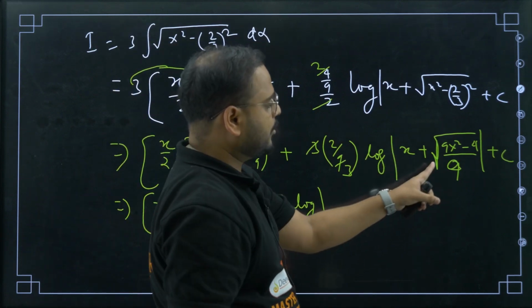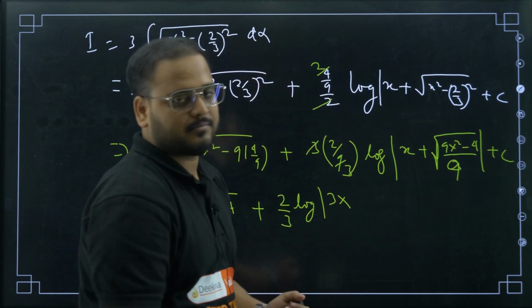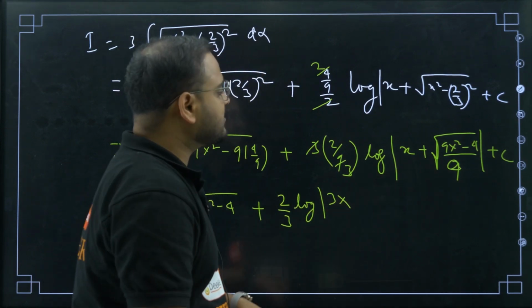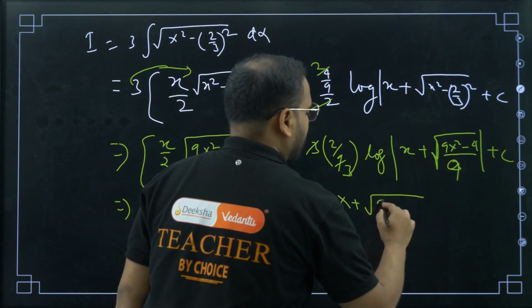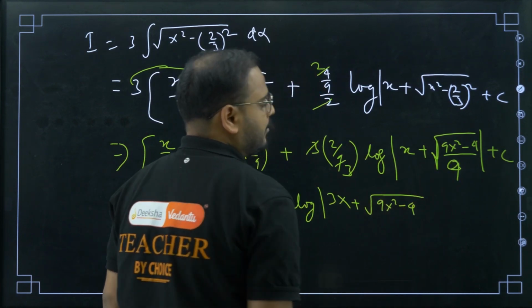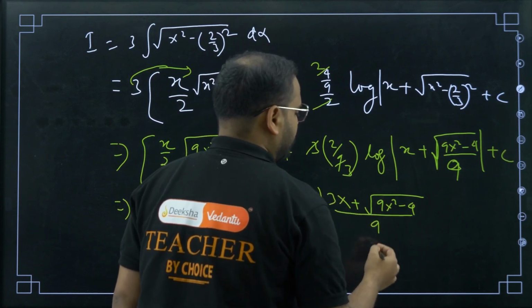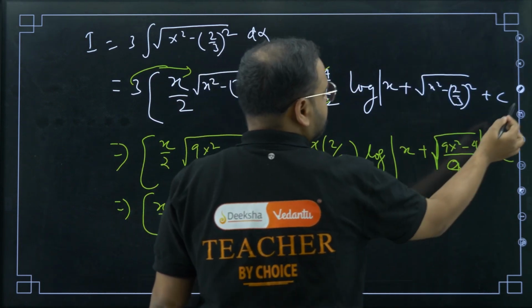Sorry, not 9, root of 9 is there, so it will become 3. Simply 3x. Root of 9 is 3, which comes out of the root, and 3x will be multiplied with the LCM. 3x plus the same thing, 9x square minus 4 divided by 3, not 9, forgive me, divided by 3.